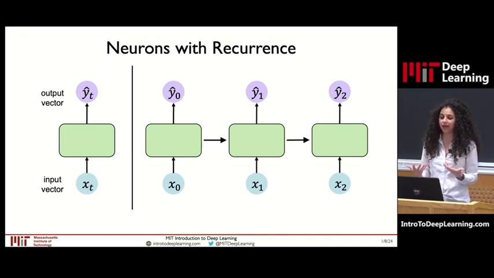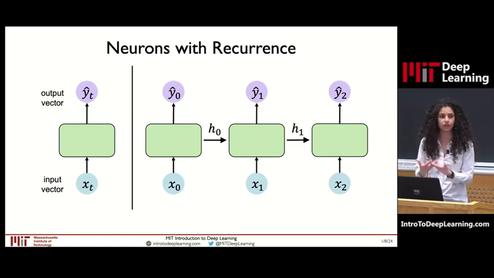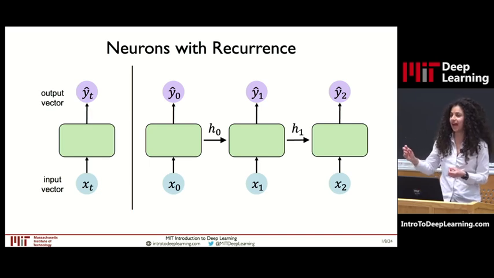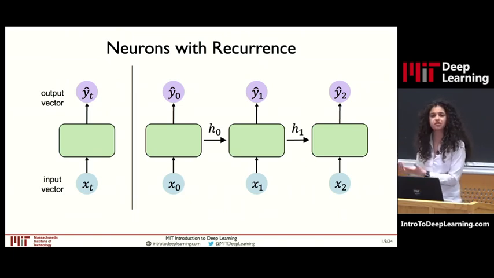We can do this mathematically by introducing a variable that we call h, and h of t stands for this notion of a state of the neural network. What that means is that the state is actually learned and computed by the neurons in this layer, and is then passed on and propagated time step to time step, and iteratively and sequentially updated.